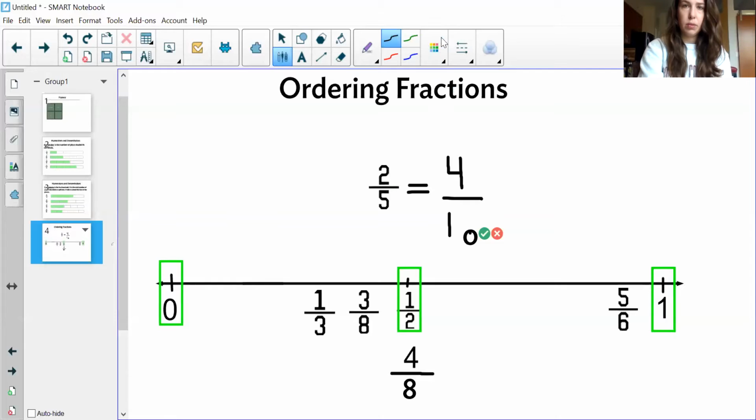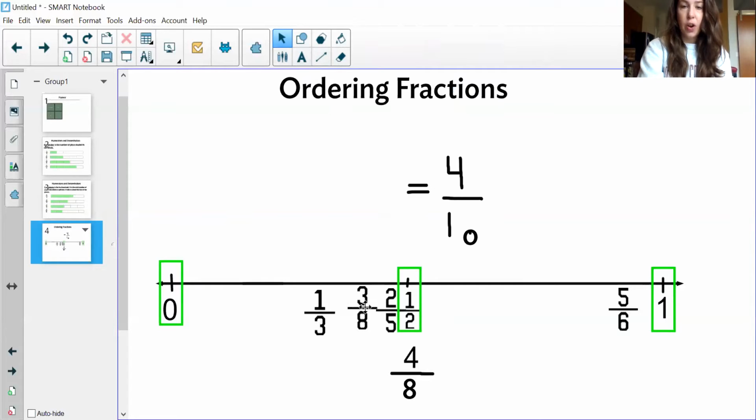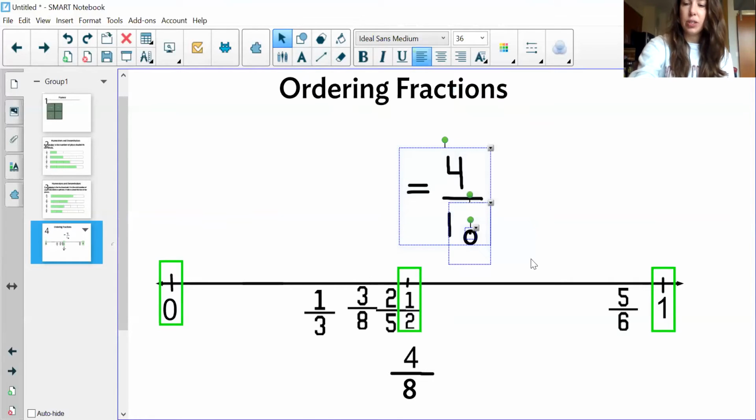Oops, that's supposed to be a 10, guys. Sorry. And that's only 1/10 away from 1/2. So my 2/5 is going to go right here. It's farther away from 1/2 than 3/8 because 3/8 is 1/8 away and 2/5 is 1/10 away. And that's how I order my fractions.